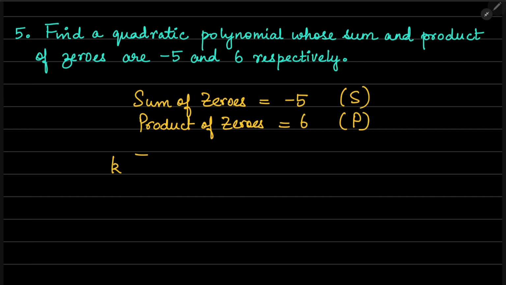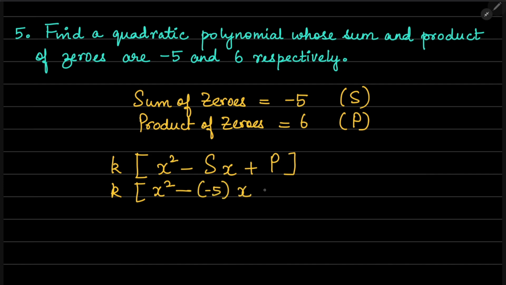So what is the formula that we learned? If you know the sum and the product of zeros, we can easily write a quadratic polynomial, which is k multiplied by x square minus sum of zeros into x plus product of the zeros. Just substitute the values: k multiplied by x square minus (minus 5) into x plus product of the zeros 6.